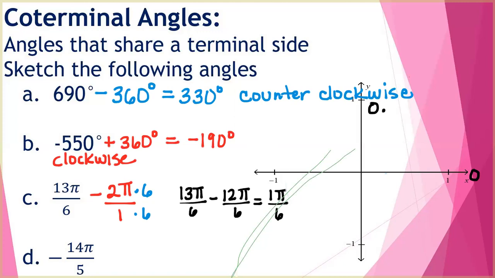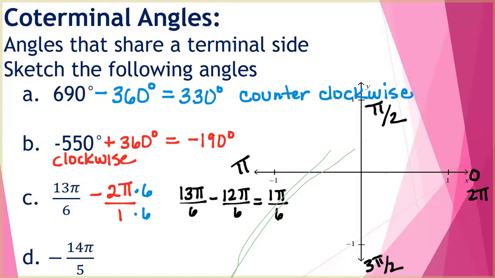So we have 0.5 here. This is 1. Well, so we have 0, we have pi over 2, which is 0.5. And then we have pi. And then we have 3 pi over 2. And then we have 2 pi.